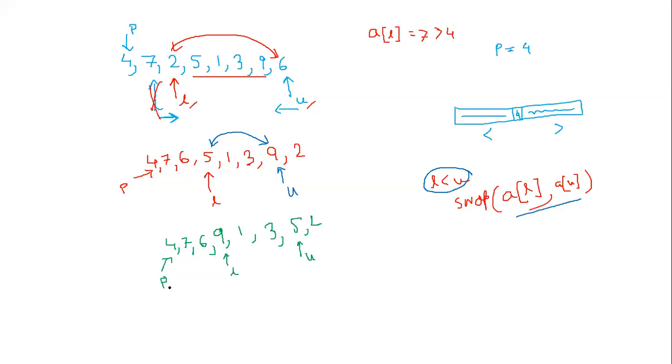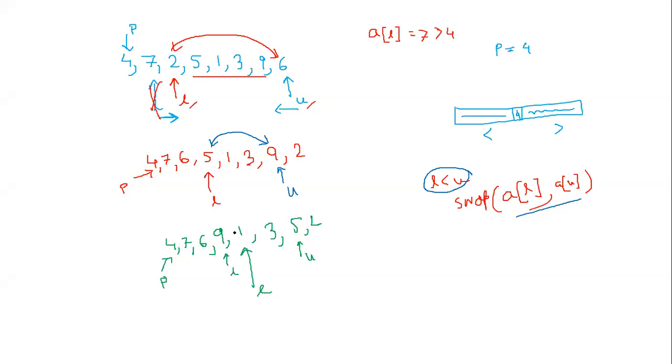Hello. Any idea? 1. Sorry. L will basically stop somewhere over here, because this is lesser than pivot, which is not expected.